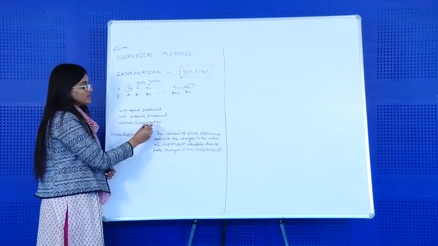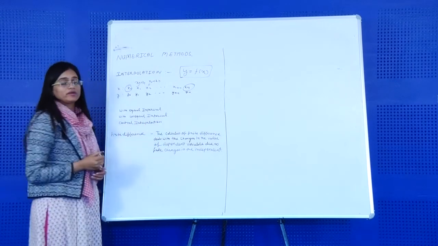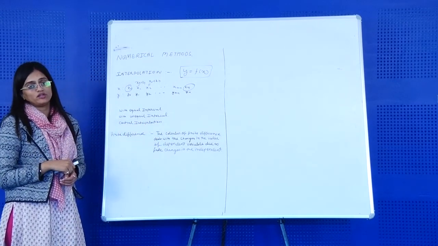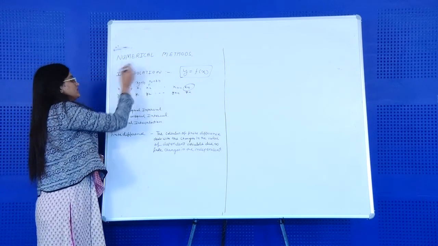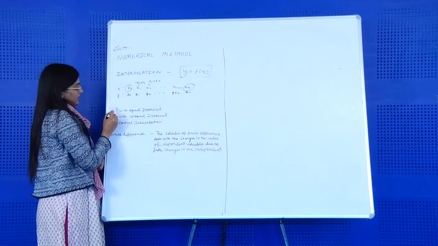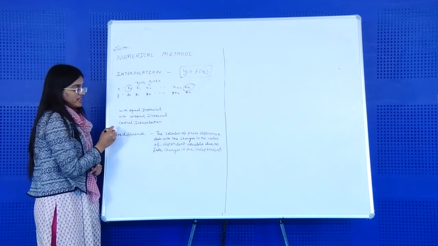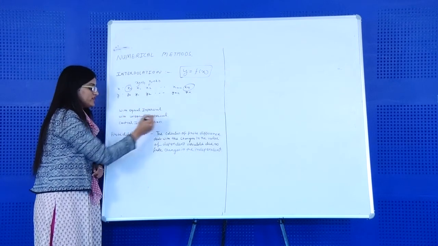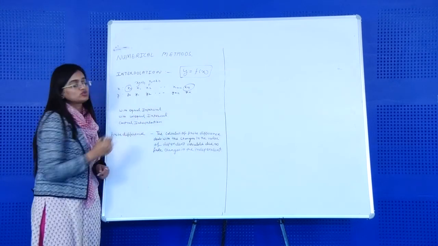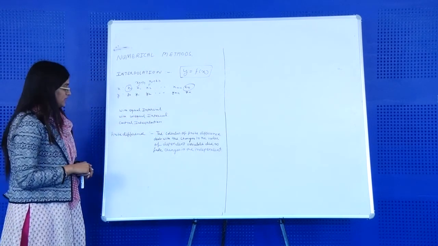Central interpolation is another method to get the central value of the interpolation. So here I explain the three different categories of interpolation methods. According to these categories, we have a number of methods to solve the problems, right?